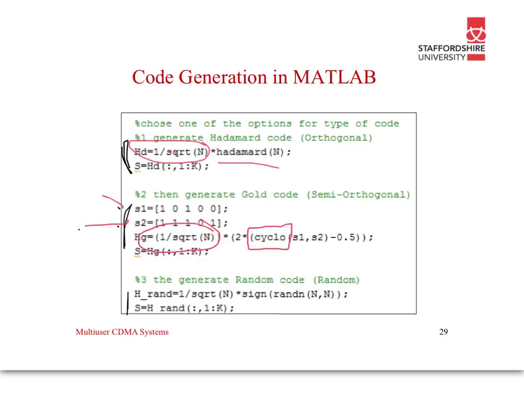The actual n in this case is defined by the number of taps that we have here on the pseudo-noise generator. So we have 1, 2, 3, 4, 5 in this case. Then the random code is just 1s and minus 1s, and we again scale them down, and we have k users, so we use the first 1 to k.